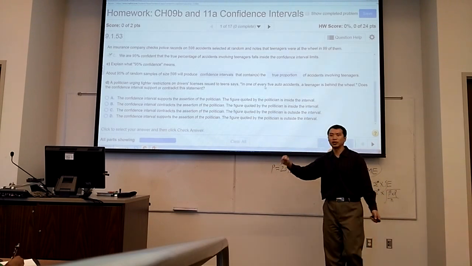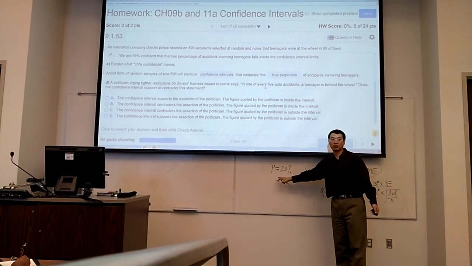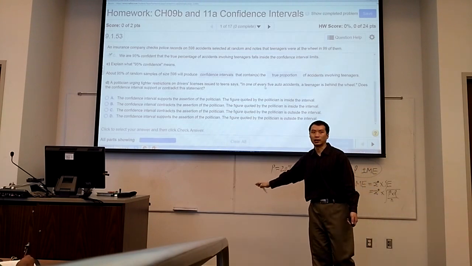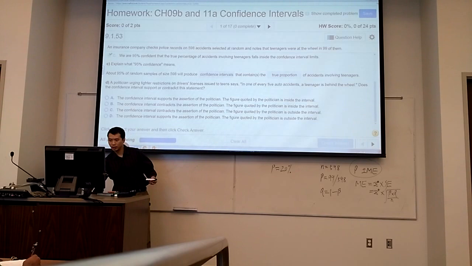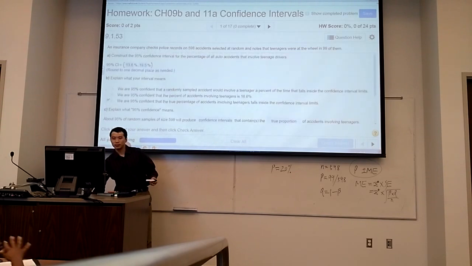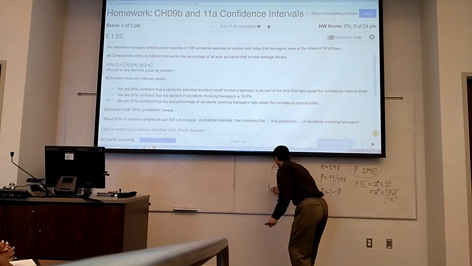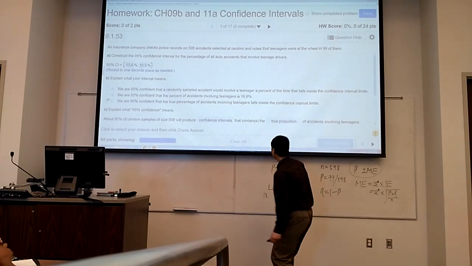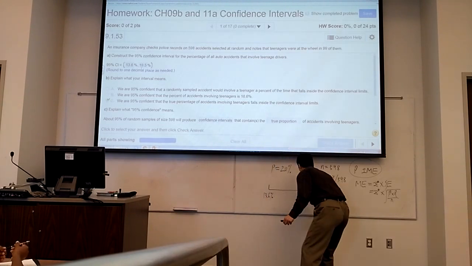And we want to use our confidence interval to see if this is likely or unlikely. If we go back here, this is our confidence interval. Our interval is from 13.6% to 19.5%.